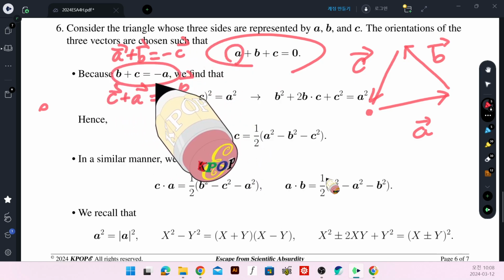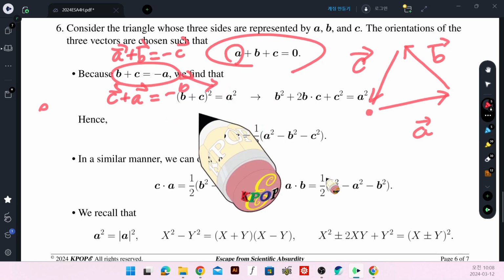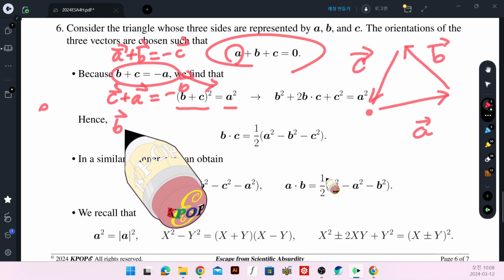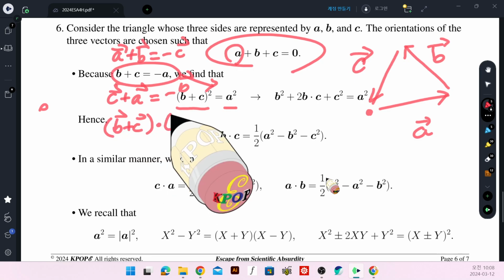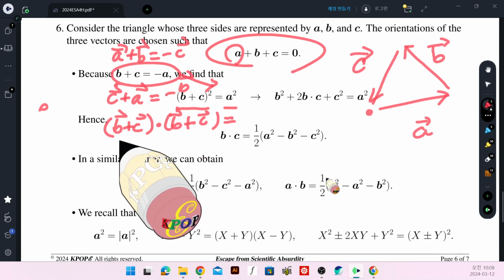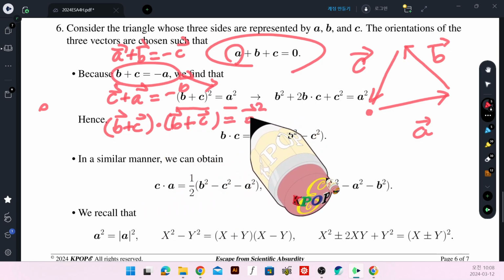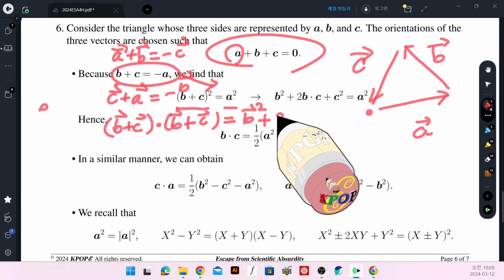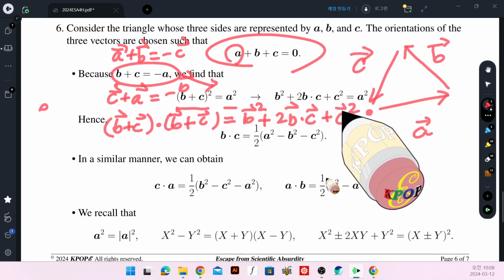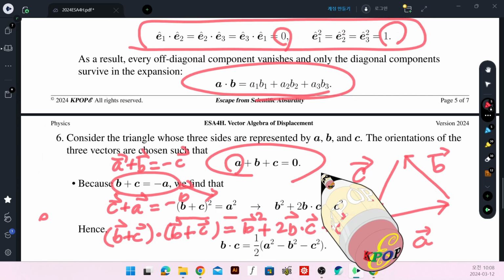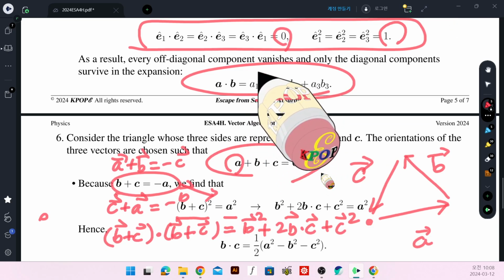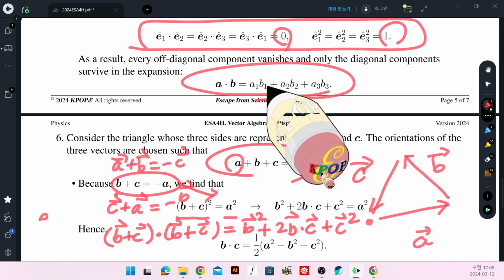Then B plus C equals minus A becomes B plus C squared equals A squared. B plus C squared is B plus C dot B plus C. And I can expand this: B squared plus 2 times B dot C plus C squared. We know the algebraic property that the multiplication of two real numbers is commutative.